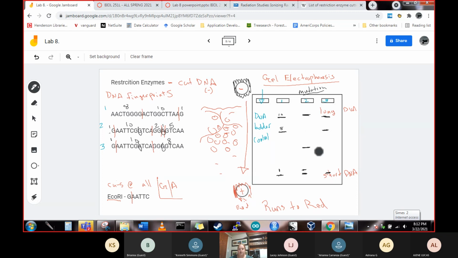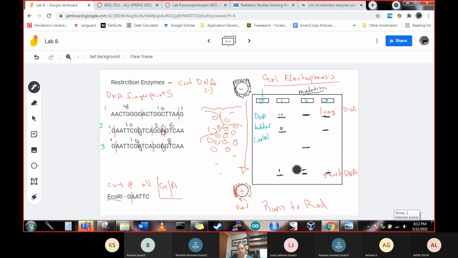Hopefully this demonstrates a couple of things that people generally have a little trouble with. First of all is identifying how many fragments you have. So you would want to count all the different fragments that you end up with. The second one would be what happens when you have 2 fragments of the same length. We have two 1-length fragments here, so it would just be one line instead of 5 different fragments that you would expect.